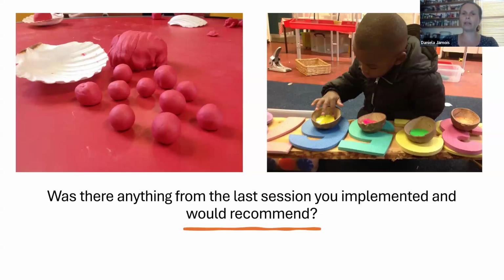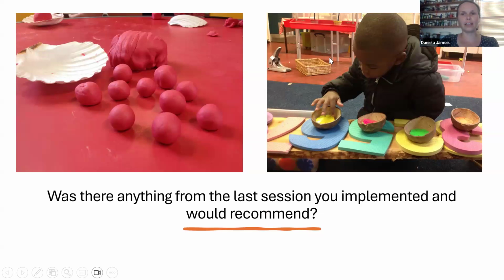So bearing those things in mind, was there anything from the last session that you implemented or you would recommend, or something you tried that was not recommended but makes a link with number and counting and one-to-one correspondence?